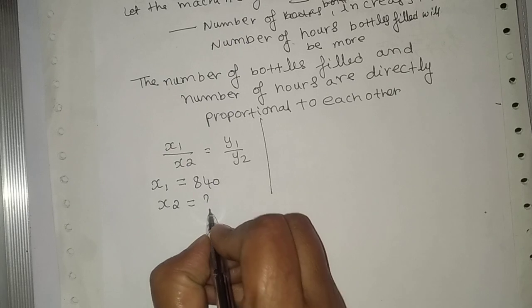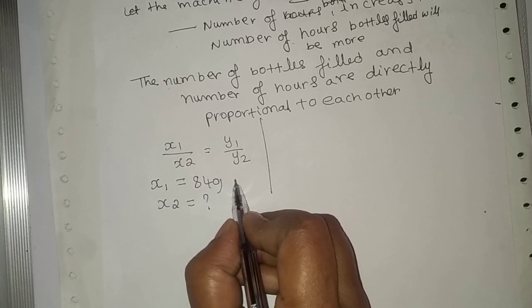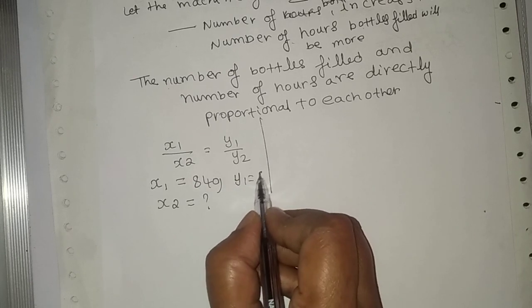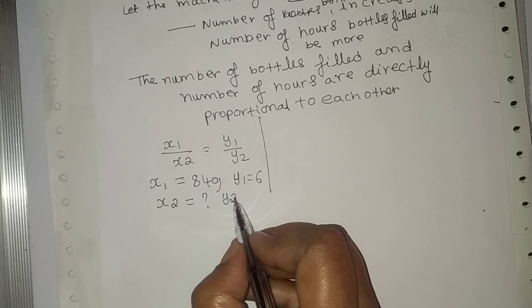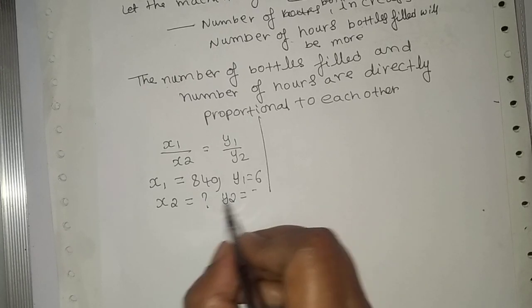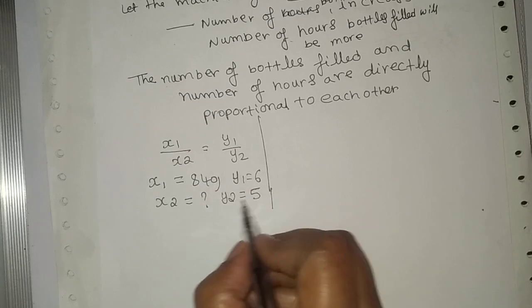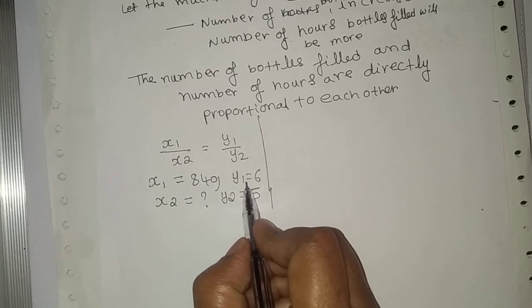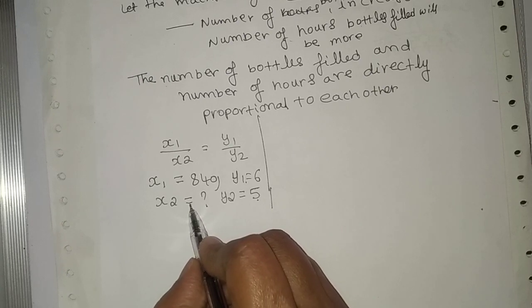Next we have how many hours it requires. First one, 6 hours, this will be y1 is equal to 6 hours. Next is y2 is equal to 5 hours. So these are the data given, and we have to find out the number of bottles.